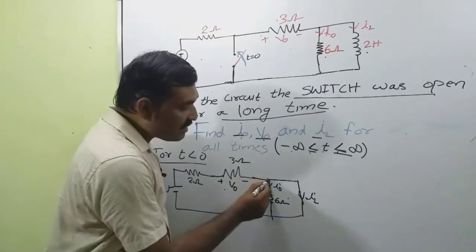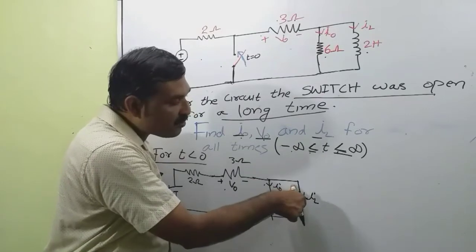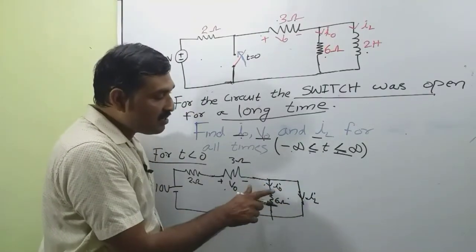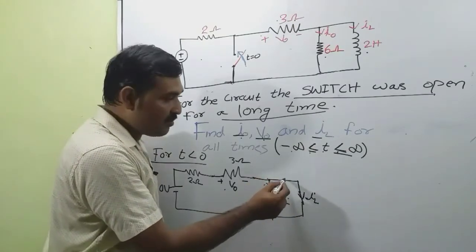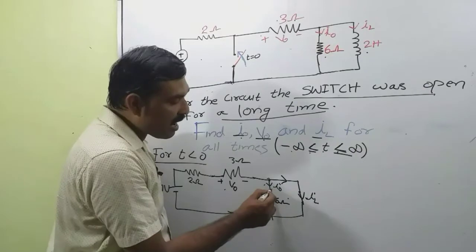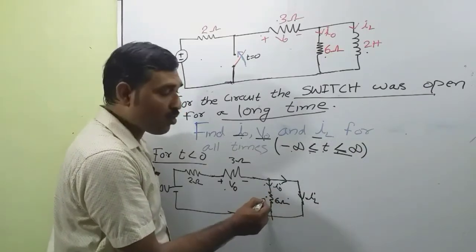At this node, a short circuit path is available and a resistance path of 6 ohm is available. Since the short circuit and 6 ohm are in parallel, all the current coming to this node will flow through the short circuit path and return to the voltage source, and no current will pass through this 6 ohm resistance.